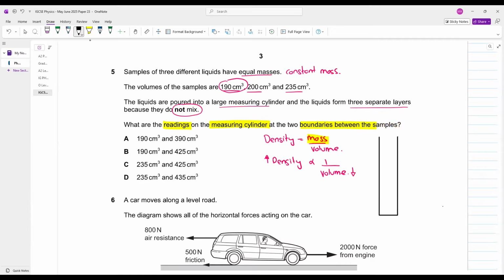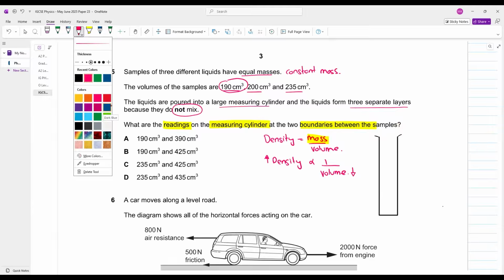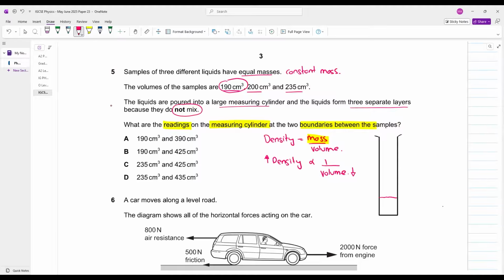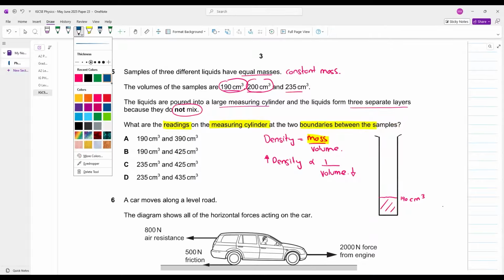If you have the highest density, you will be collected at the bottom end of the measuring cylinder. Then your volume is 200 cm cube. After this, your 200 cm cube liquid will come.